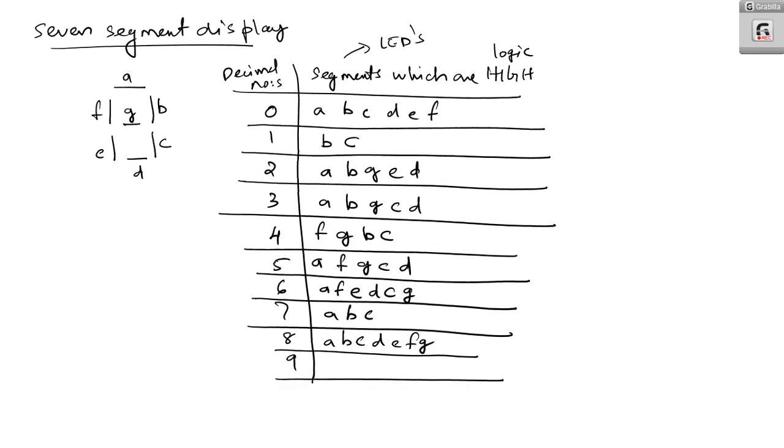And to display 9, A, B, C, F and G should be on. So these are the corresponding segments which should glow to display numbers from 0 to 9.